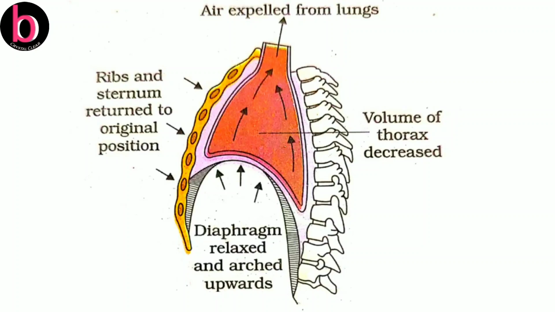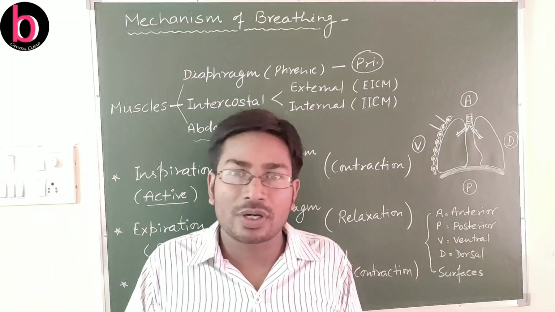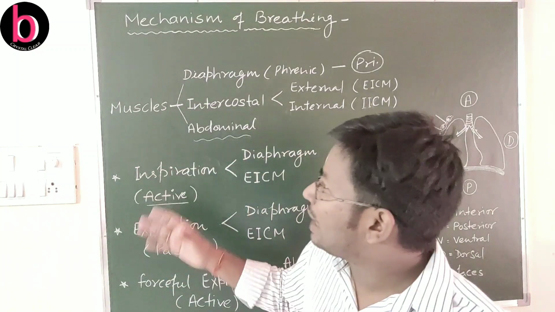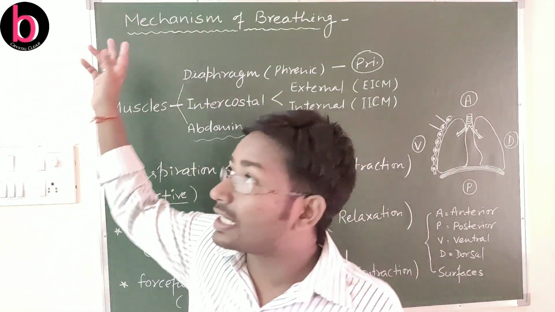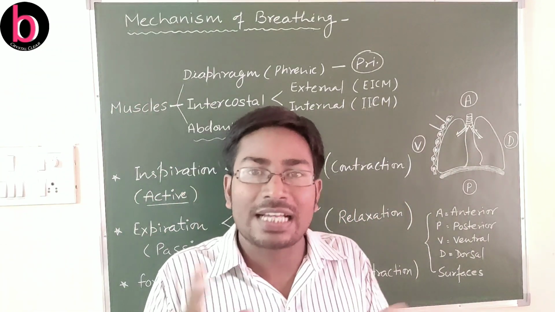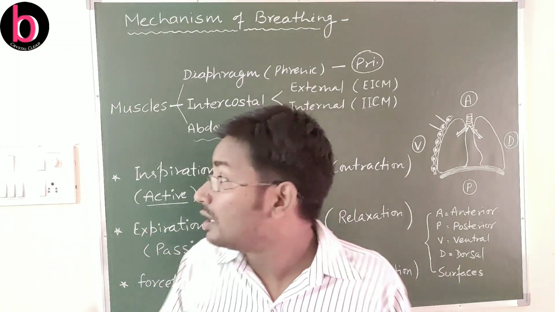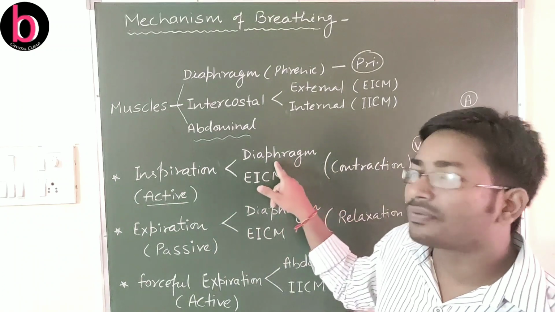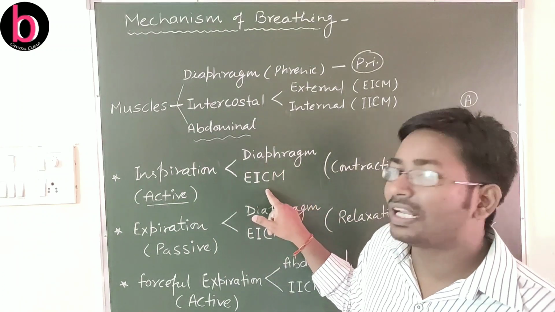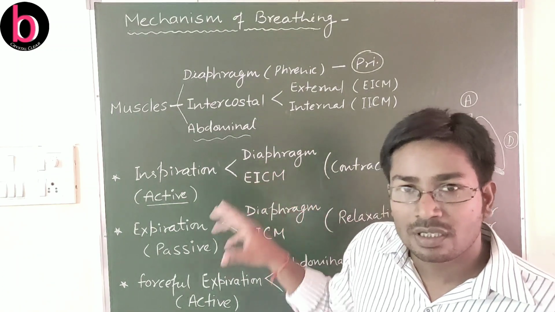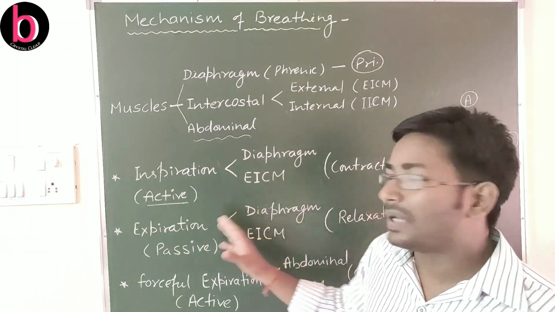And here what is important, you have to memorize that there are two events that occur during breathing: inspiration and expiration. Inspiration, we discussed, is an active process. Why? Because there will be contraction of the diaphragm or phrenic muscles as well as the external intercostal muscles, and expiration is a passive process.